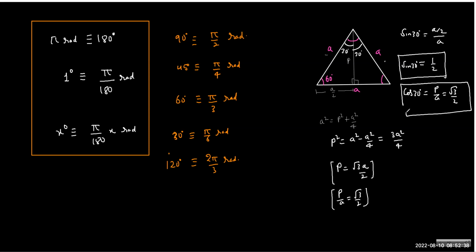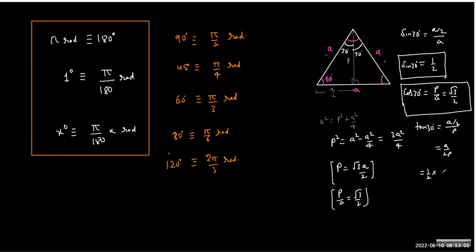So what about the tan 30? What is tan 30? A by 2 by P. Very good. Which is like A by 2P.